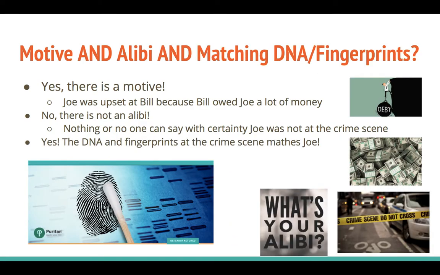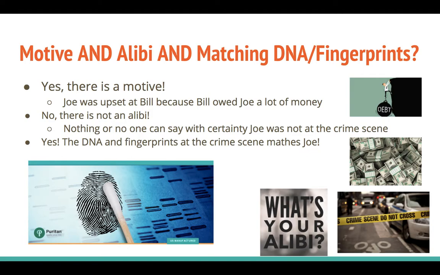But this is still not enough to prove that Joe did it. So now we need to ask: is there a motive? Is there an alibi? And are there matching DNA and fingerprints? So yes, there is a motive. Again, Bill owed Joe a lot of money. There is not an alibi. Nothing or no one can say with certainty that Joe was not at the crime scene. And lastly, yes, the DNA and fingerprints at the crime scene match Joe.